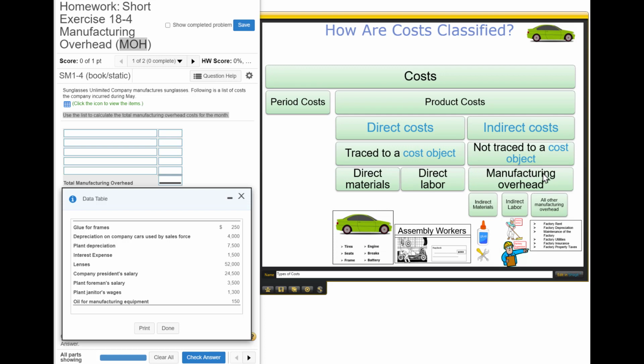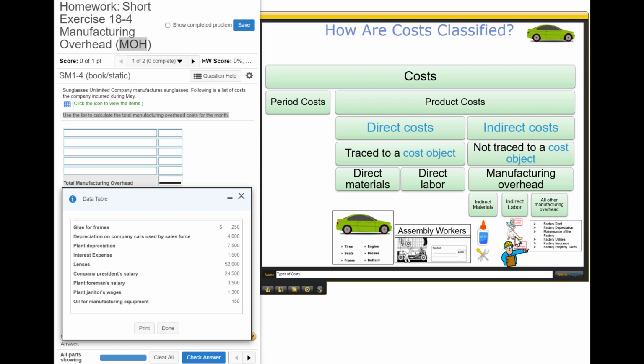Some costs cannot be directly attributed to a certain car that was made. Those include indirect materials like glue and little hand tools, and indirect labor such as the factory janitor and the factory supervisor.